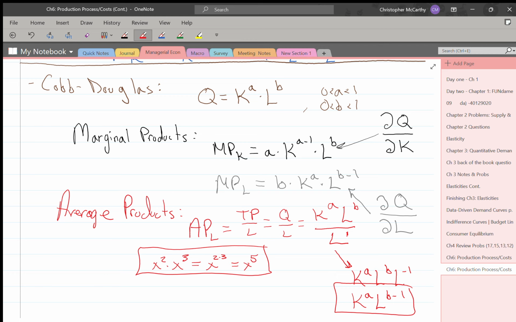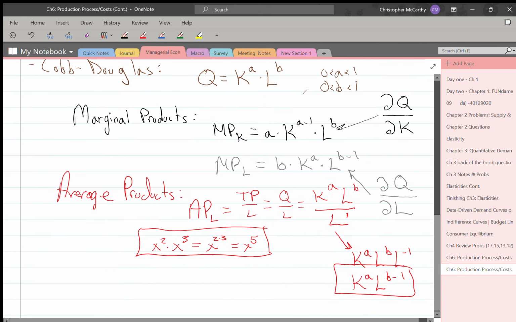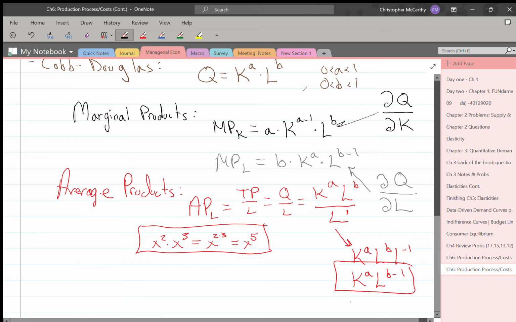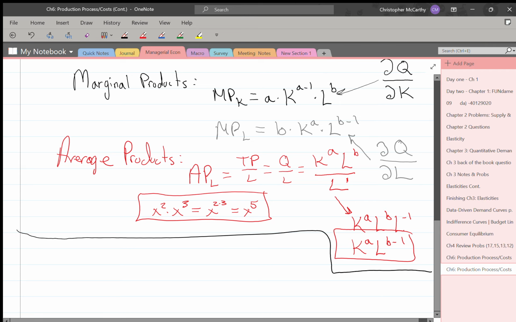So how much would the firm produce according to this very common production function? Suppose that we have a production function and we are going to hold the amount of capital equal to 1 for simplicity, and we're told that A is going to be equal to 1/4 and that B is going to be equal to 3/4.